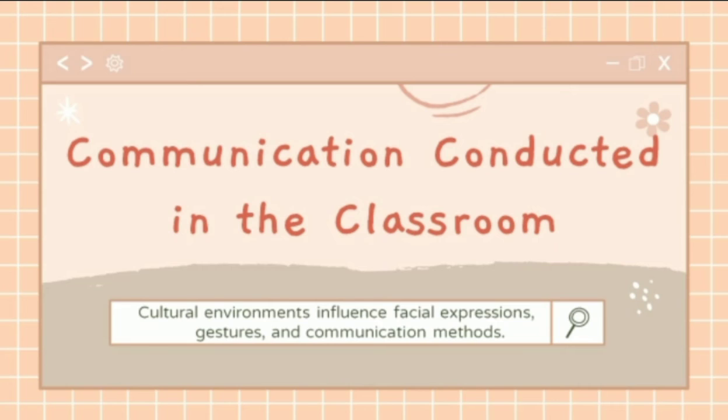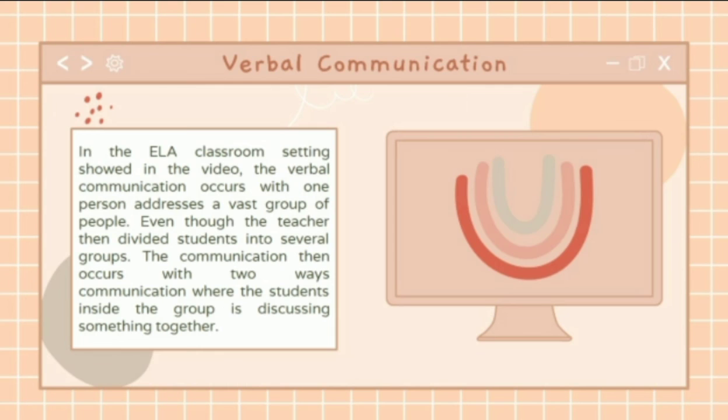Cultural environments influence facial expressions, gestures, and communication methods. The first one here is verbal communication. In the English Language Arts classroom setting shown in the video, verbal communication occurs when one person addresses a vast group of people.